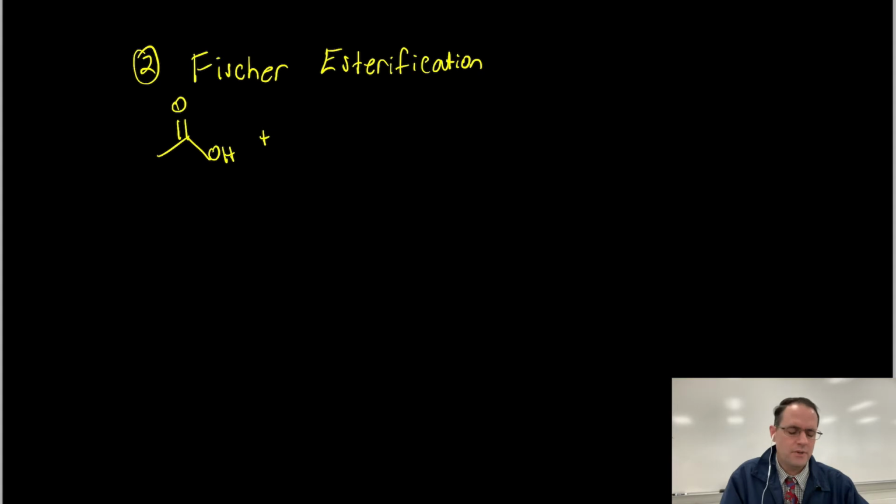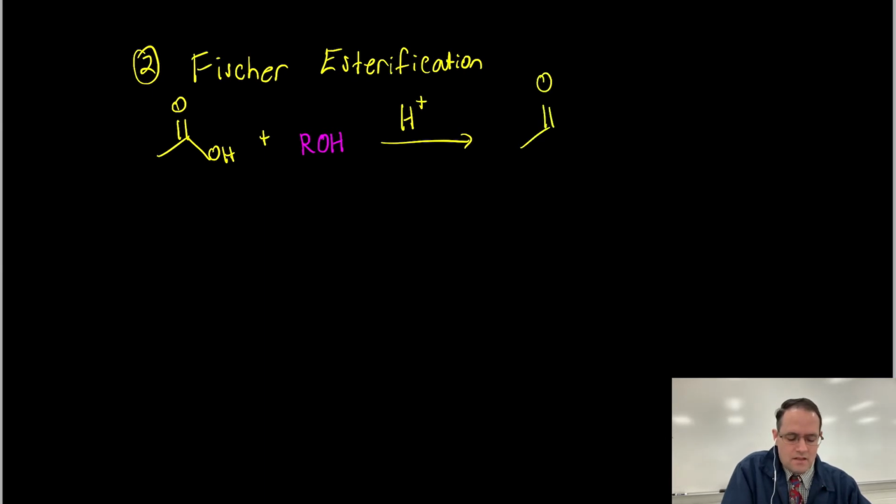Now this reaction involves taking a carboxylic acid, adding an alcohol, and in the presence of some acid catalyst, you form the ester.